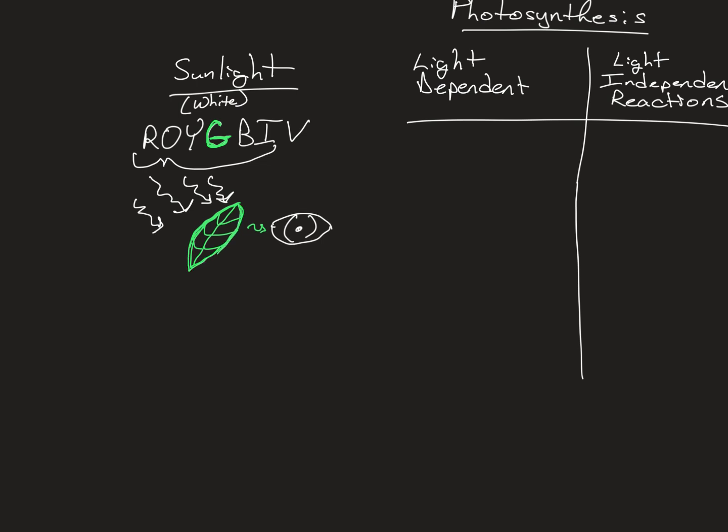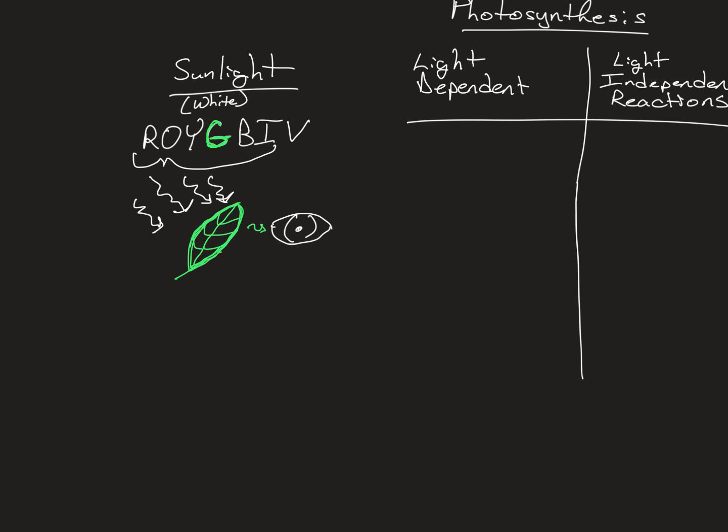If it did absorb all the light, what color would plants be? Black. If the plants did absorb all light, they would be black, but they're not. They're green, and that's the color you see.